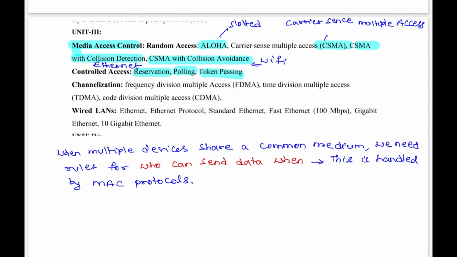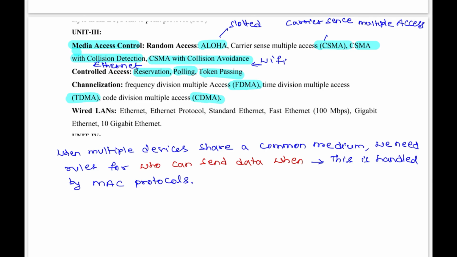Next, in the channelization techniques, the popular ones are FDMA, frequency division multiple access, and TDMA, which refers to time division multiple access, and CDMA, code division multiple access.